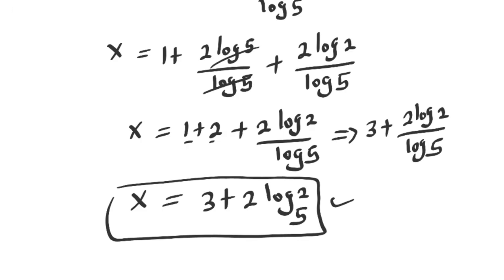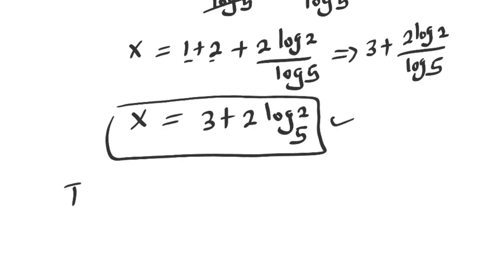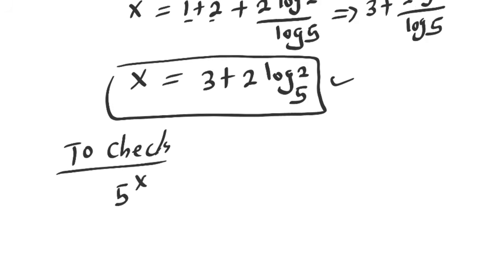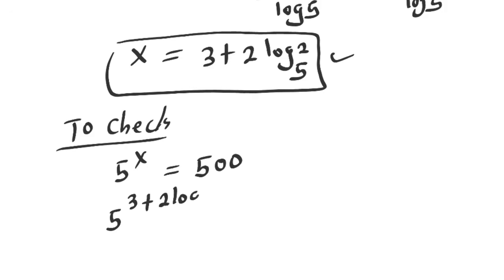We may check to confirm if this answer is right or wrong. Let's check. To check, we have the given equation 5 raised to power x is equal to 500. Then 5 raised to power x is 3 plus 2 log 2 base 5 must be equal to 500.